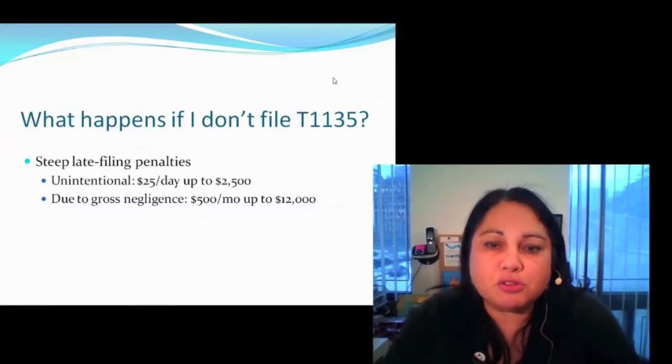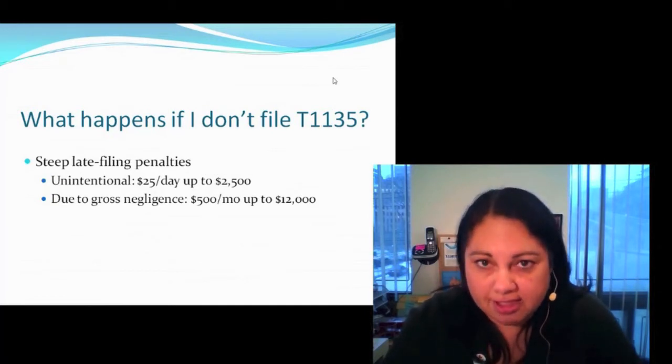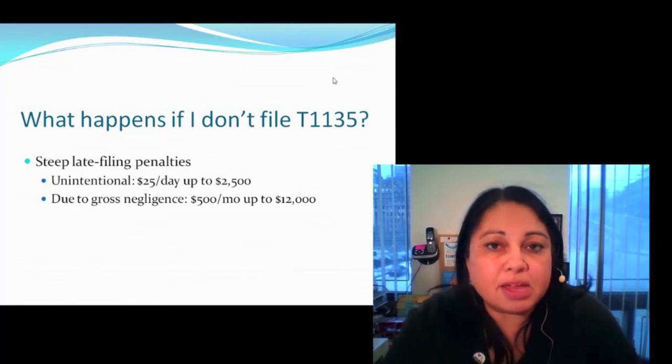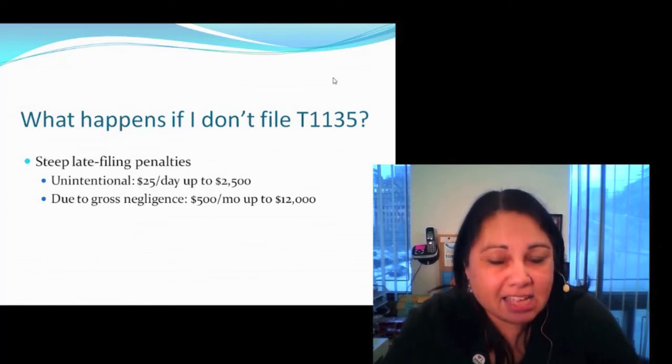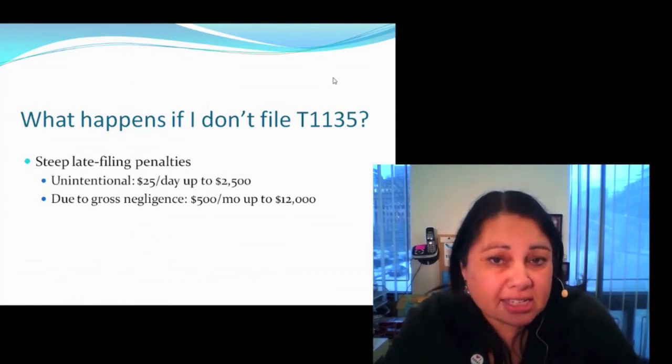Now, if you don't file the T1135, and you were supposed to, there are steep penalties for this. If you file it late, the penalties are $25 a day to a maximum of $2,500. That's assuming that lack of filing was just due to an oversight.